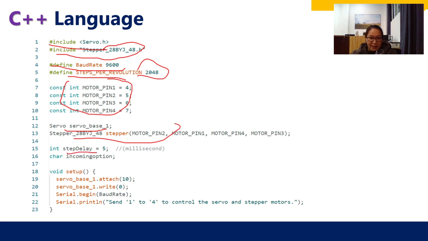Step delay defines the delay between steps for the stepper module, set to 5 milliseconds. Incoming option means a character variable to store incoming data from the serial port.